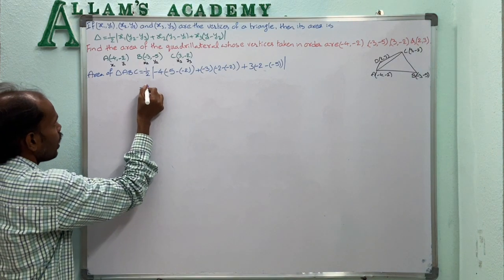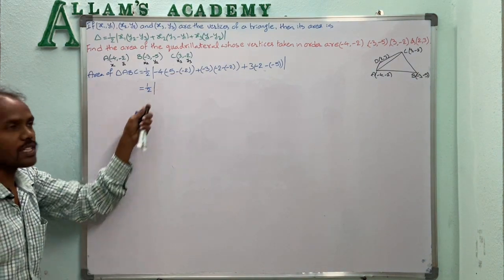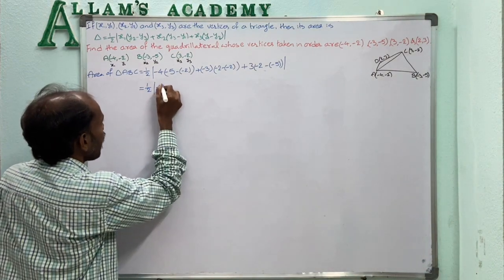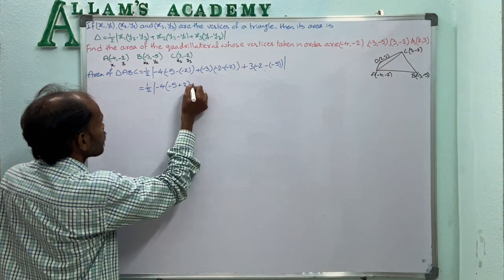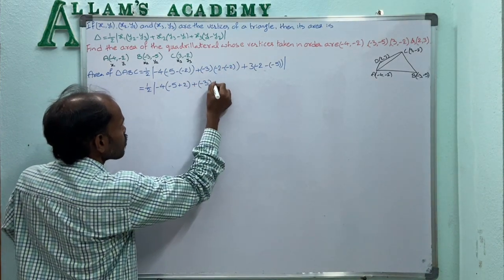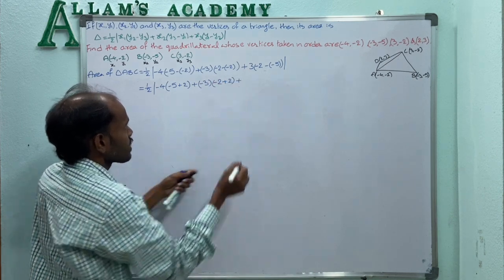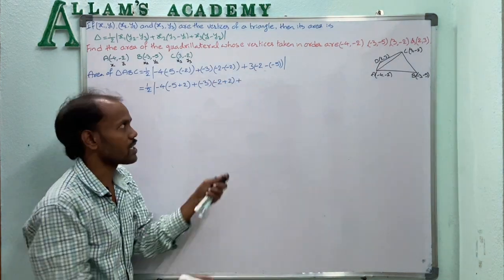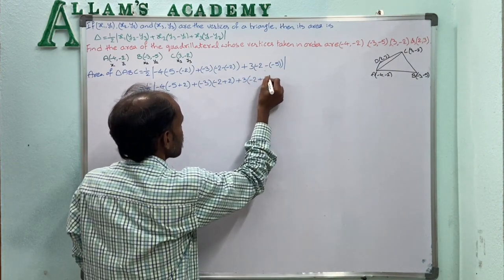That equals half of mod: minus of -2 is +2, so -4 into (-5 plus 2), plus -3 into (-2 plus 2), since minus of -2 is +2, plus 3 into (-2 plus 5), since minus of -5 is +5.